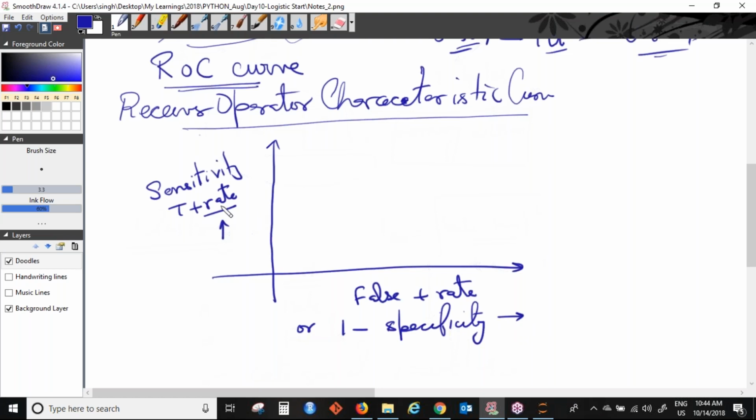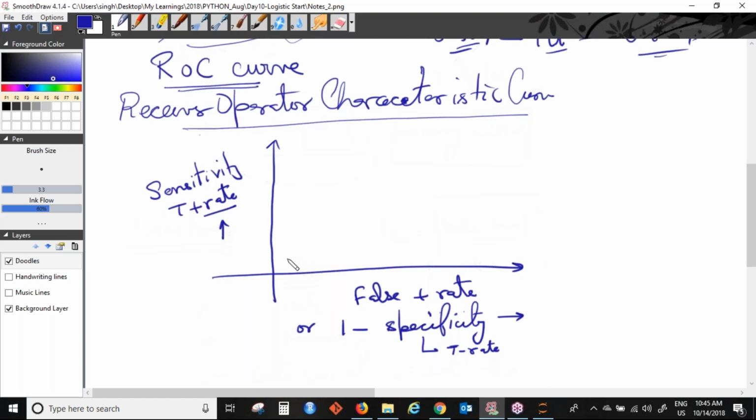So it is a curve between sensitivity, which you already know, and specificity, which you already know, but it is 1 minus specificity, not specificity directly. Specificity is the true negative rate. So 1 minus true negative rate is the false positive rate. So it is a plot between these two.